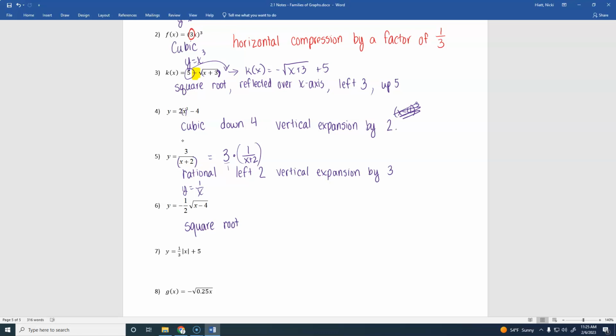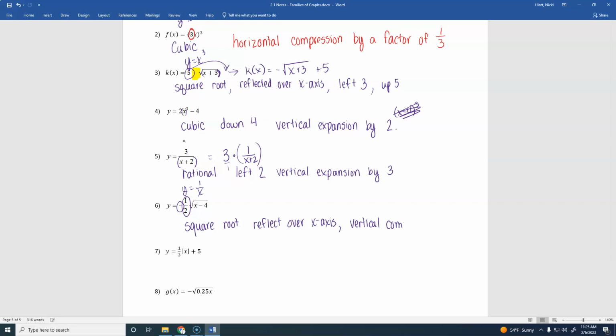So, square root. When you have a negative and a number being multiplied together, you treat them separately. The negative is going to reflect over the x-axis. The 1/2 is a vertical expansion or compression?